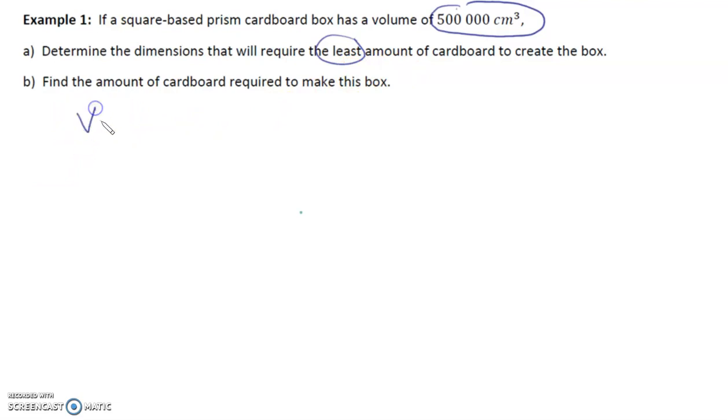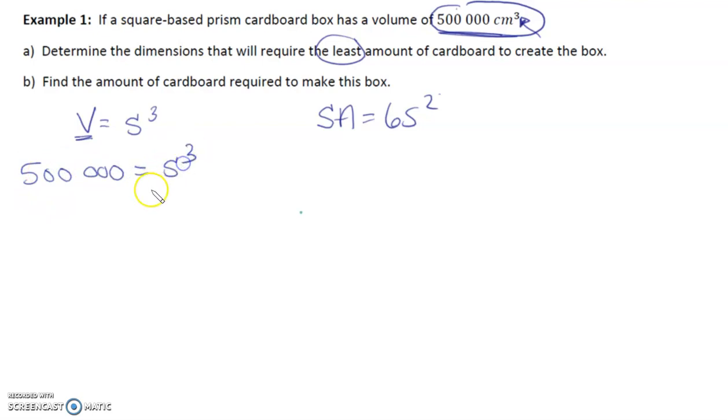Volume equals side cubed, and surface area equals 6 side squared. If they give us this and there's a cube on it, this means it's the volume. We're going to sub it into this side. So 500,000 equals S cubed.